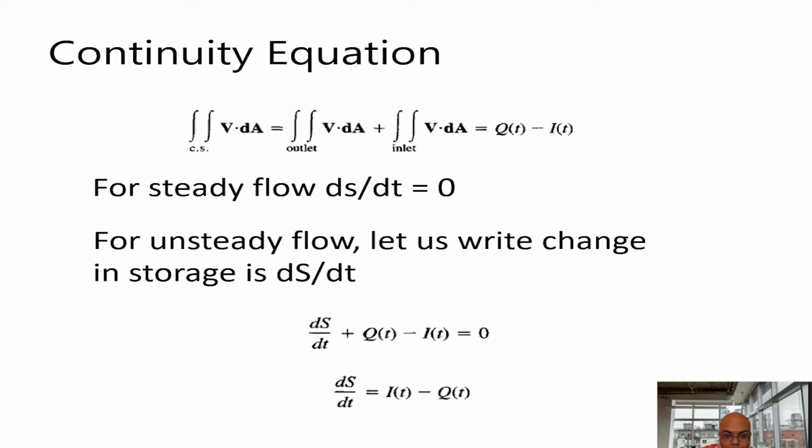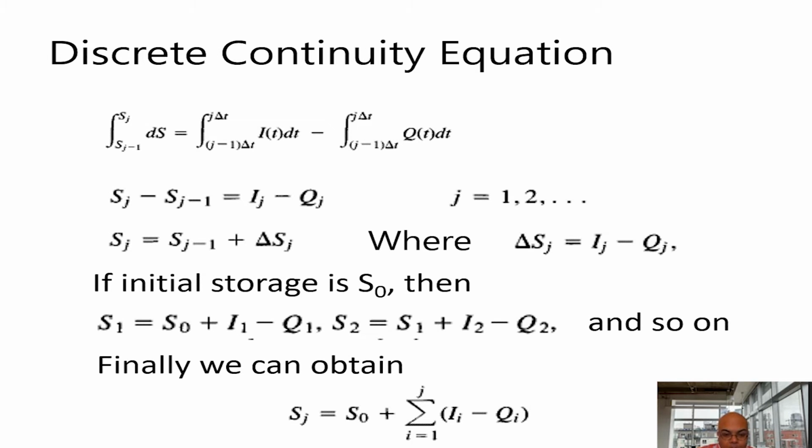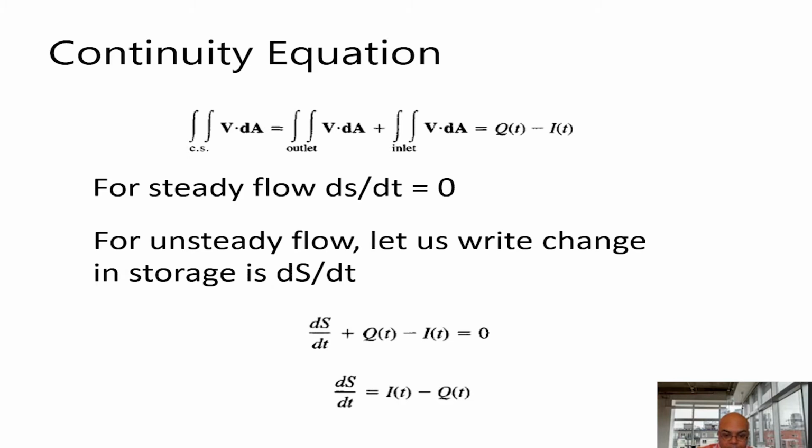When we write that equation mathematically, we have to discretize it, which is called the discrete continuity equation. So this dS by dt is a differential equation.